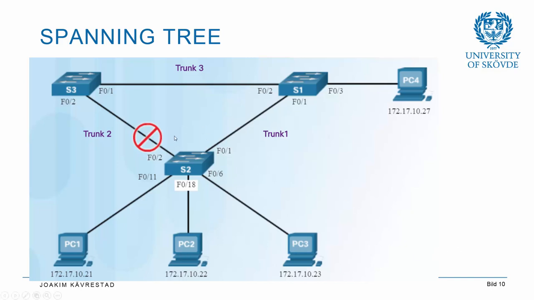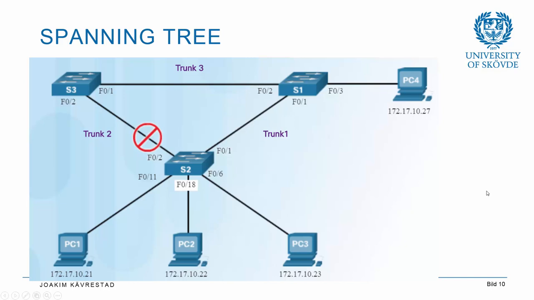So just remove this stop sign in your head for a little while and see that what's done here is that there are actually redundant ways in this network. For instance, a packet traversing from one of the PCs down here to PC4 can go to switch 2 and then either take this direct way or take this way that is a little bit more complicated.